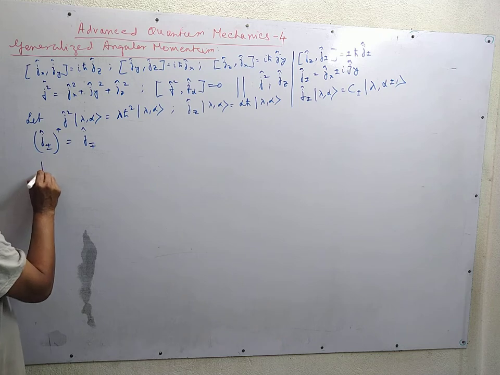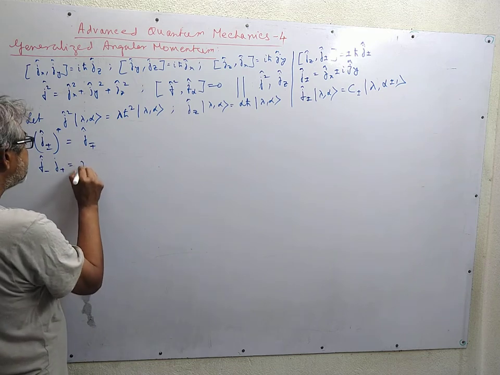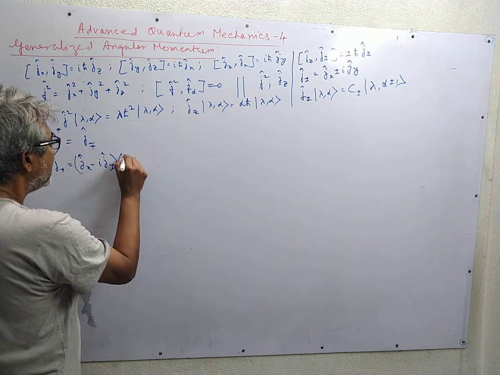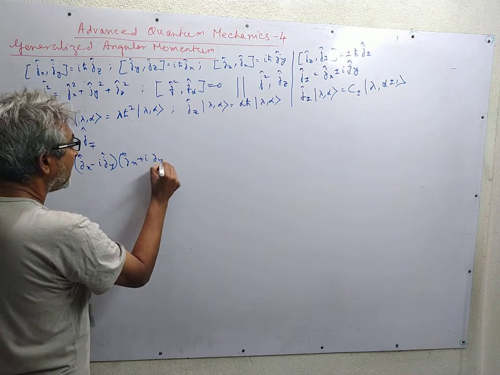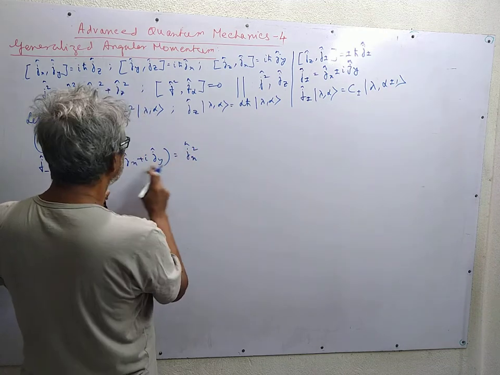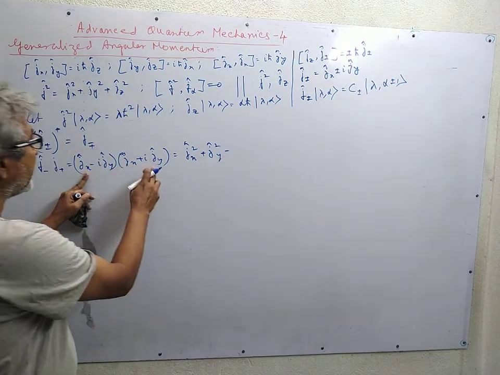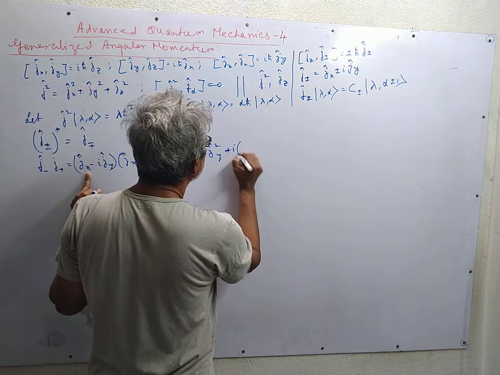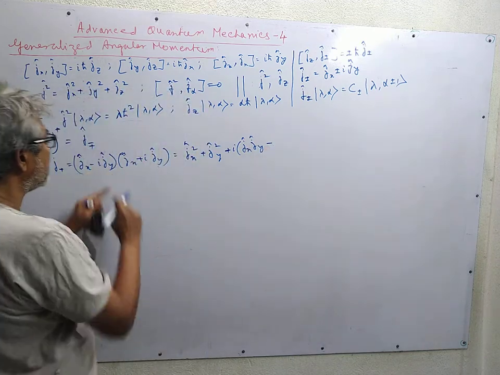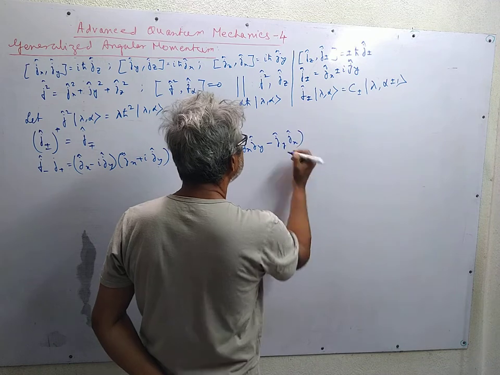We consider the quantity J- J+, which is (Jx - iJy)(Jx + iJy). Multiplying, this is Jx² plus Jy² plus i JxJy minus i JyJx; note the ordering matters.